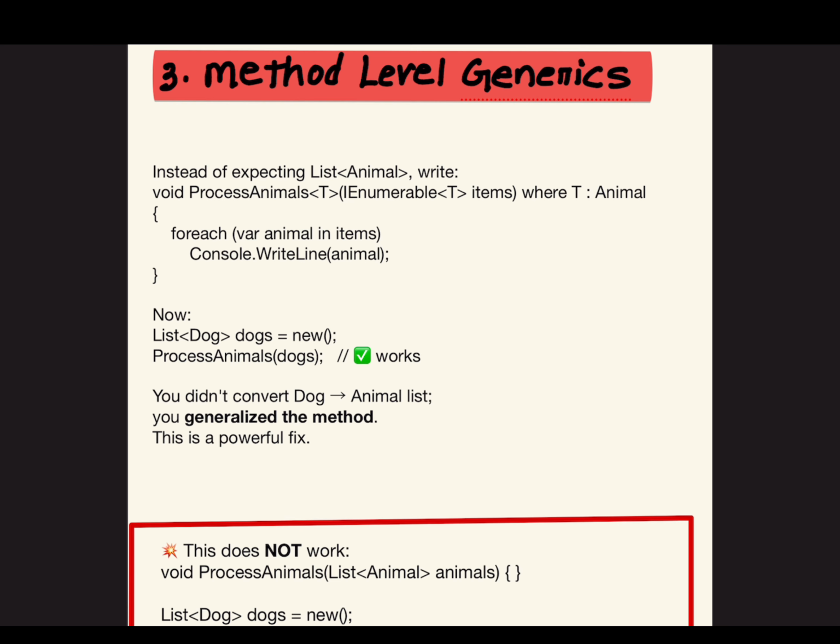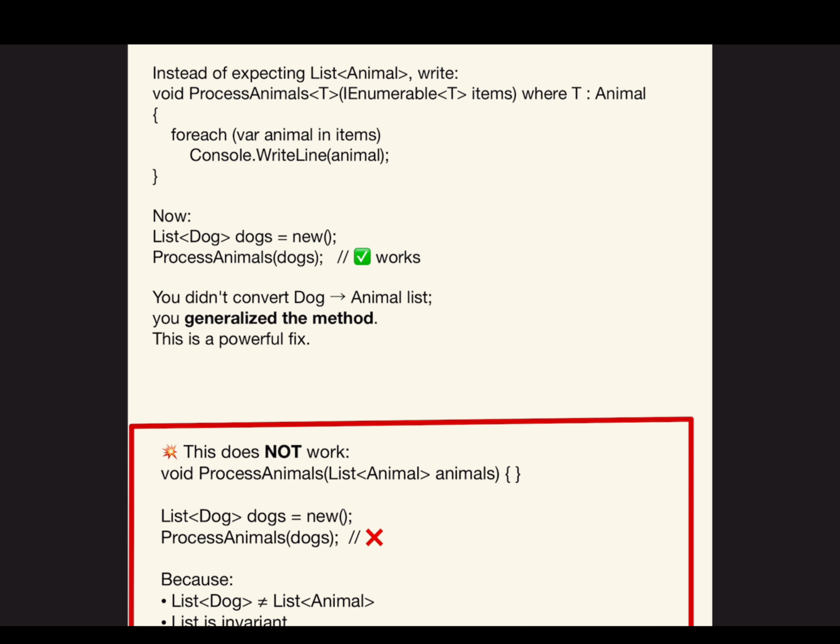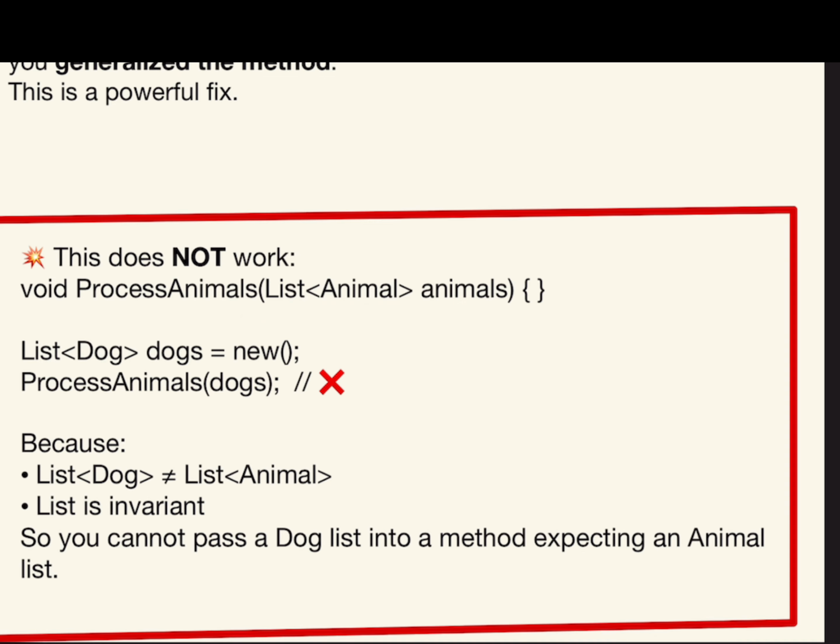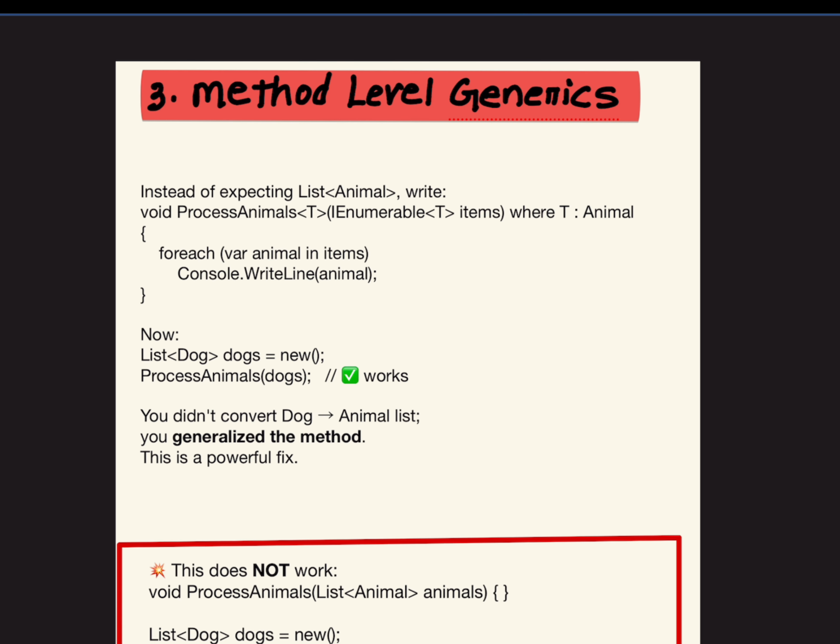But imagine if, instead of this IEnumerable, I have List of Animal, that will not work. Again the same problem: I am passing List of Dog inside List of Animal, and that is not going to work. So this is the basics of invariance and covariance that I tried to cover. Yeah, thank you.